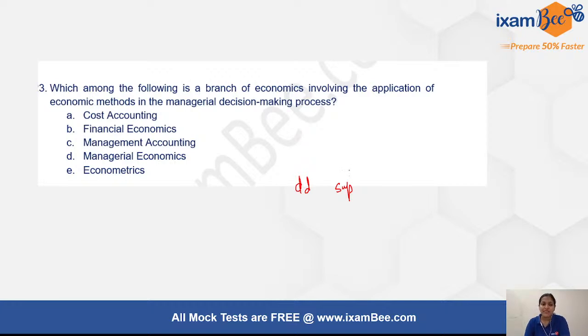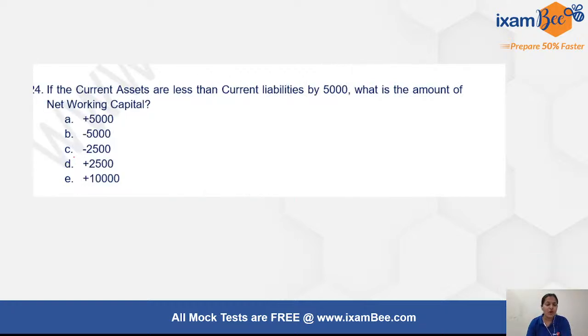So again, a very simple answer. All the words were actually there in your options, and the correct answer is D here, managerial economics. Okay, moving to the next question, the fourth question.